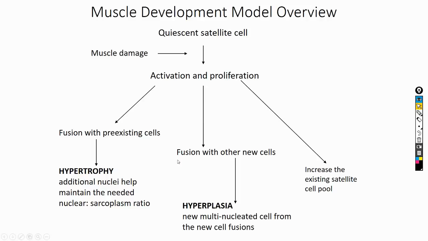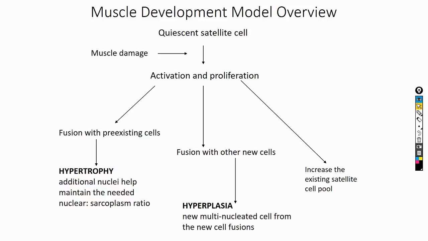The other option, it can fuse with other new cells and it can cause hyperplasia. So that new satellite cell would form with other satellite cells and it would create an entirely new cell. And that new cell would, of course, still be within that muscle, but it's just adjacent to other muscle fibers now, and then it has to be innervated and all that kind of stuff later on.